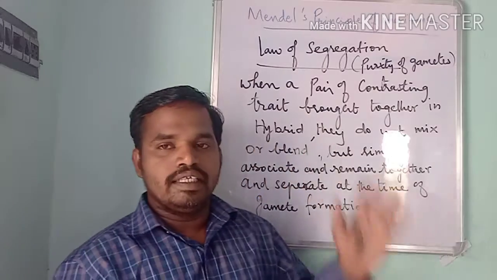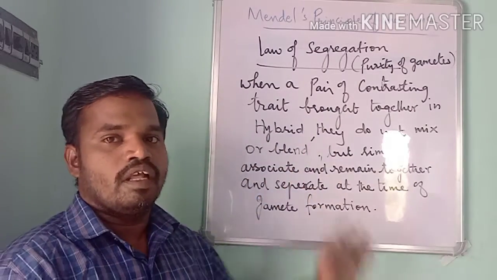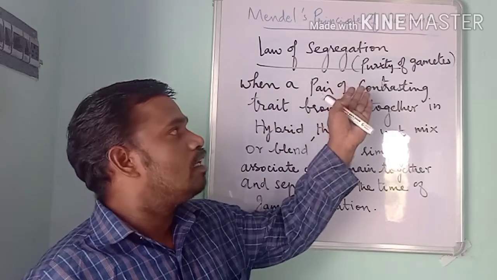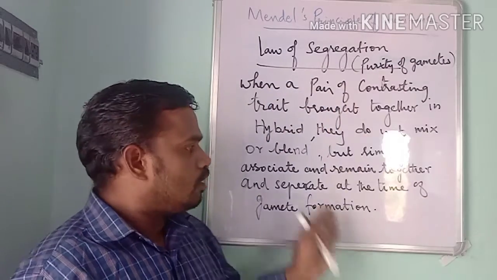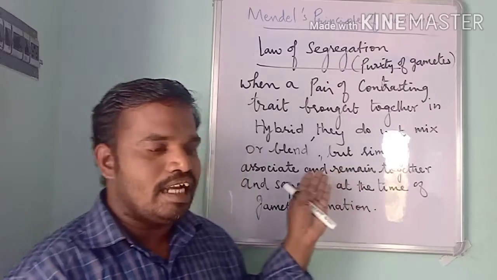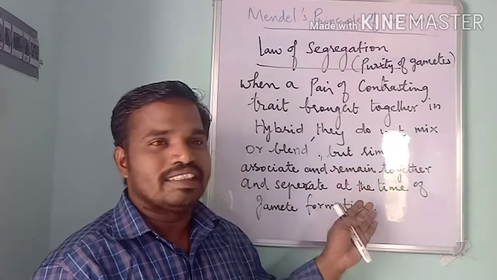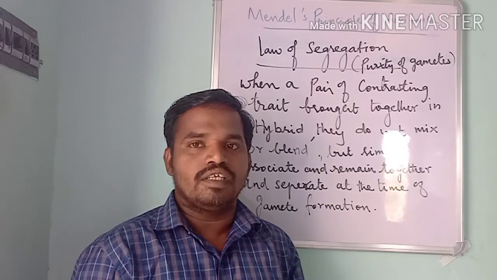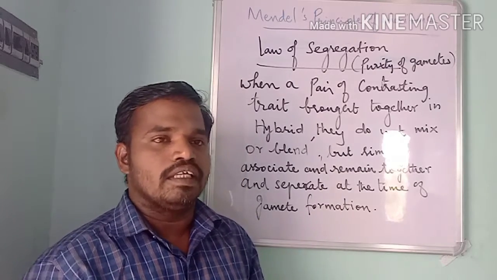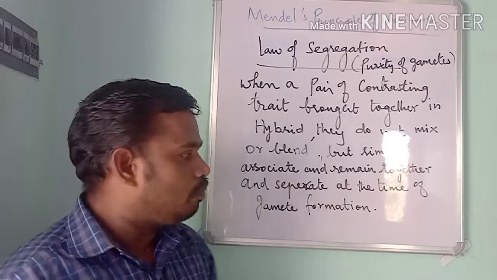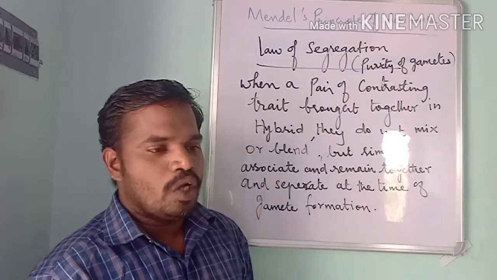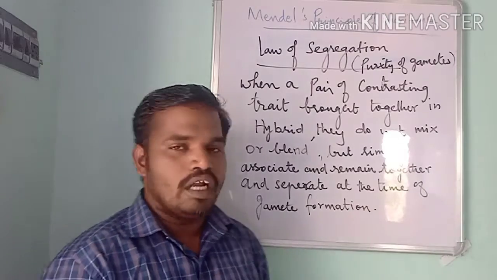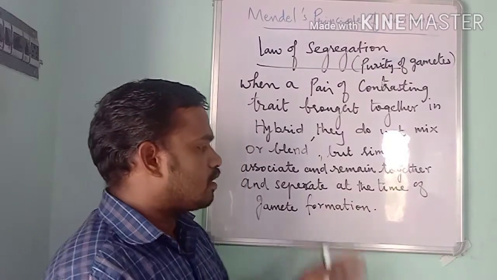So look at these statements. Why do we call it the law of purity of gametes? The factors never mix up; each expresses its own allele. It is not going to mix up and express an intermediate form. If it is tall, it is the allele for tallness; if dwarf, the allele for dwarfness. That is what gets expressed.